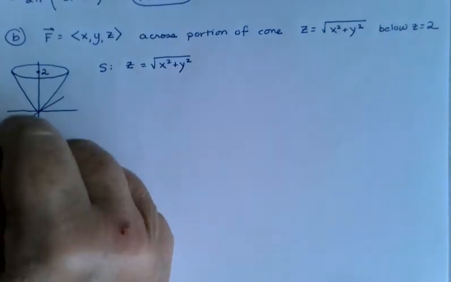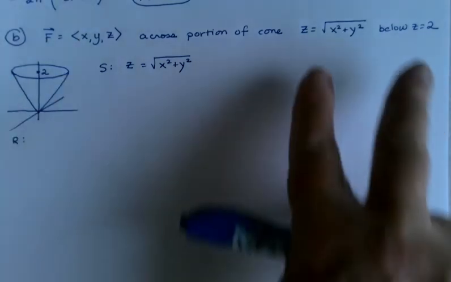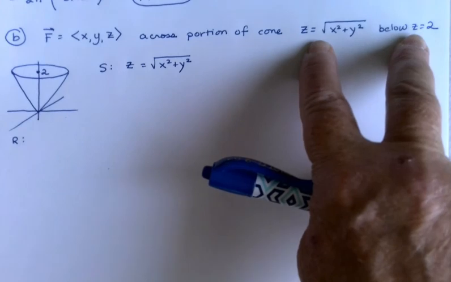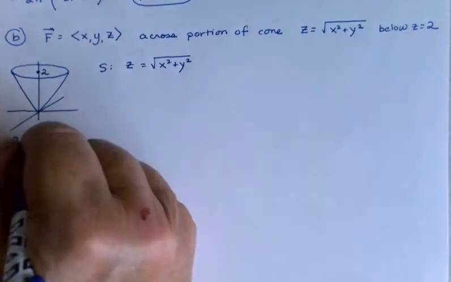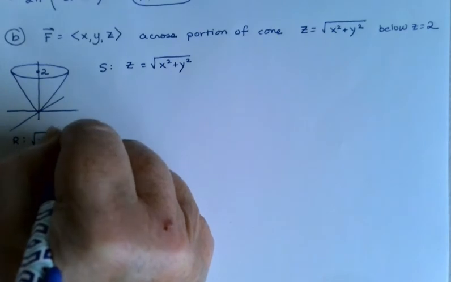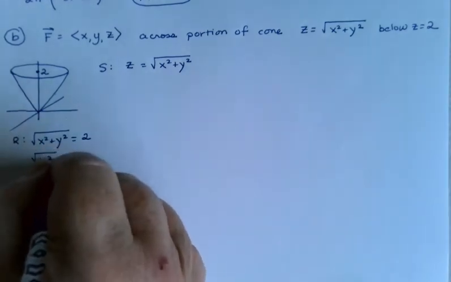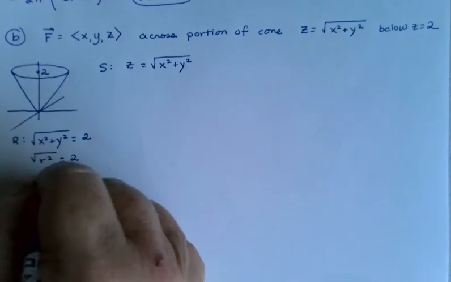And let me go ahead and deal with R here while I'm drawing. To get the region, that circle projected down into the xy plane, once again I would just set my z values equal to get the intersection. So I'd have the square root of x squared plus y squared equals 2. That would be the square root of r squared equals 2, or just r equals 2.